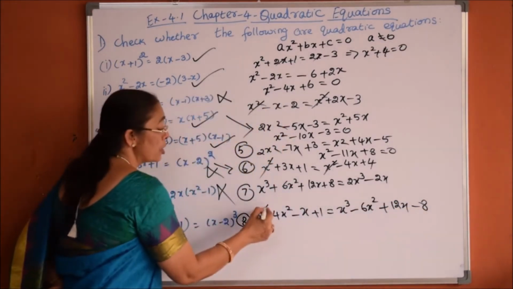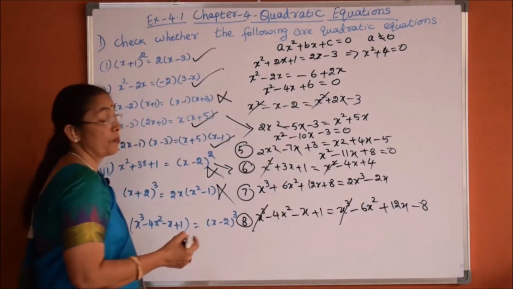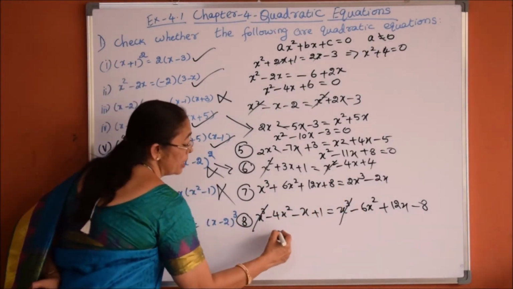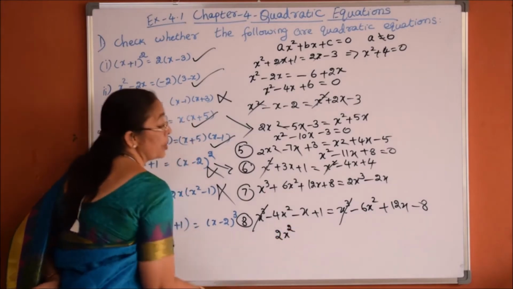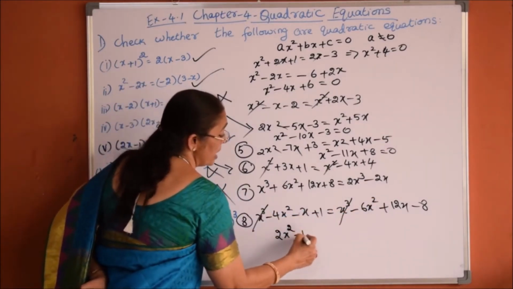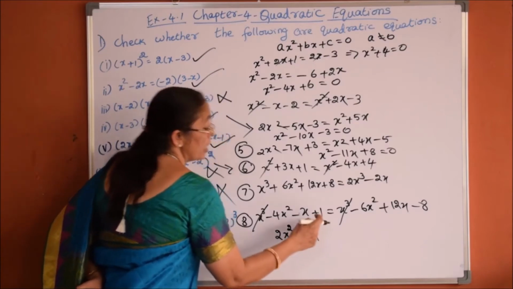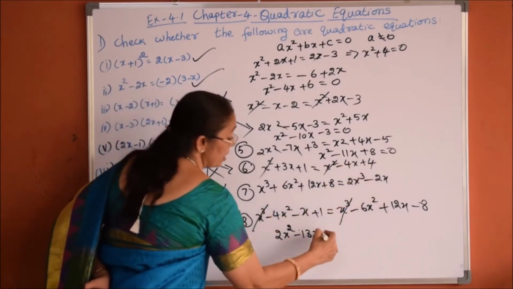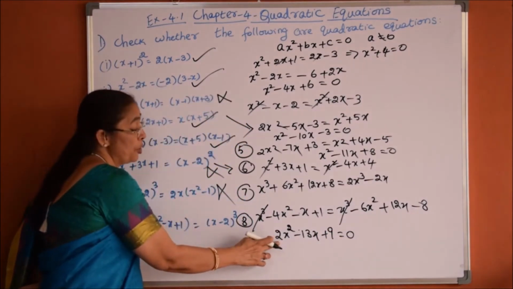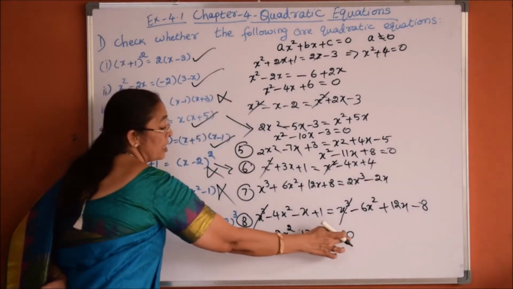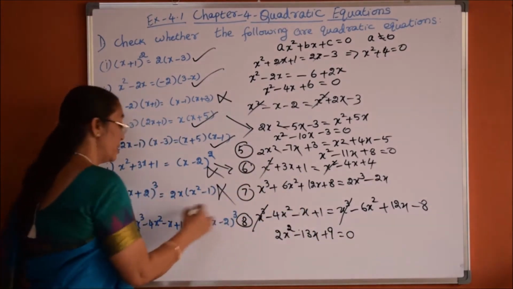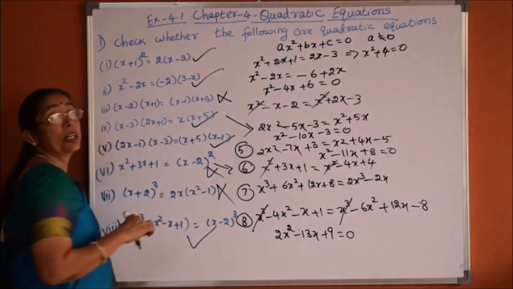So, the x³ term will get cancelled here. Here minus 4x², this minus 6x² will come here as plus, so 2x², minus x minus 12x, which is minus 13x, and the constant term 1 plus 8, which is 9, is equal to 0. So, it is in the form of ax² plus bx plus c equal to 0, where a is 2, b is minus 13 and c is 9. Therefore, this is a quadratic equation.